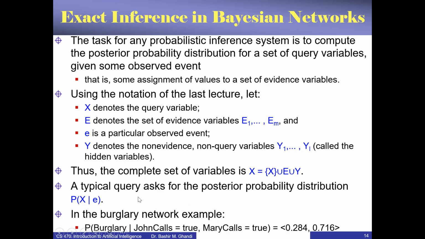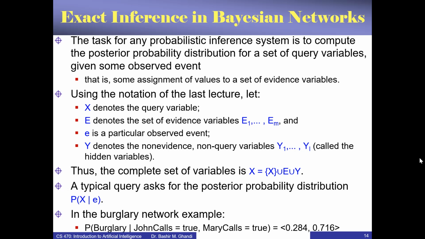The hidden variable in this case is the alarm, the alarm sounded. That will be our Y. We're going to see how this is done, but I'm showing you the answer here. We will see how these values are computed. So the probability of burglary occurring based on these two calls, Mary calls and John calls, is 0.284, and the probability of not occurring is 0.716.